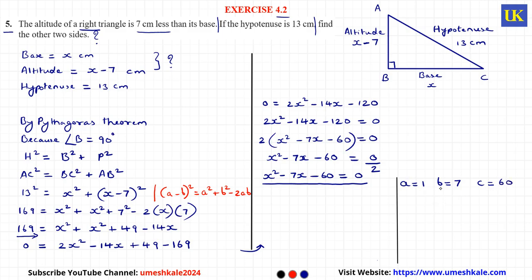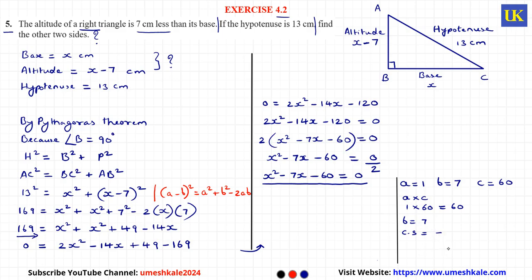For the time being, when you note down these numbers, just ignore the plus and minus signs, only in this rough part. Then we have to do a into c. So 1 into 60 is equal to 60, and b's value is 7. And then we have to note down the constant sign, which is minus.